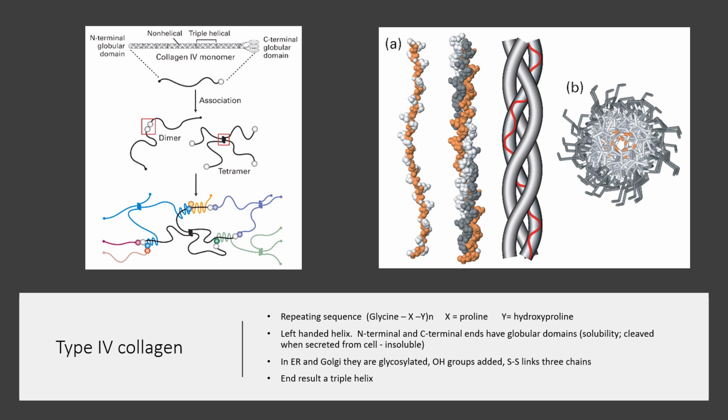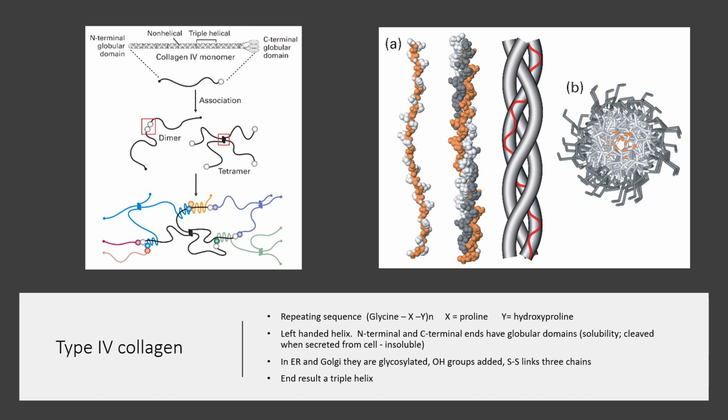The N terminal and the C terminal ends have globular domains. They are cleaved when secreted from the cell and are in an insoluble form. In the ER and the Golgi they are glycosylated and OH groups are added, and SS links join three chains. This results in a triple helix.